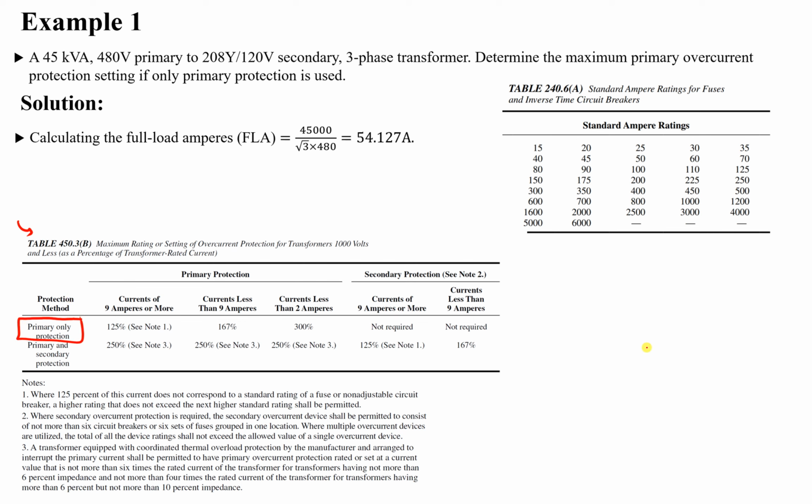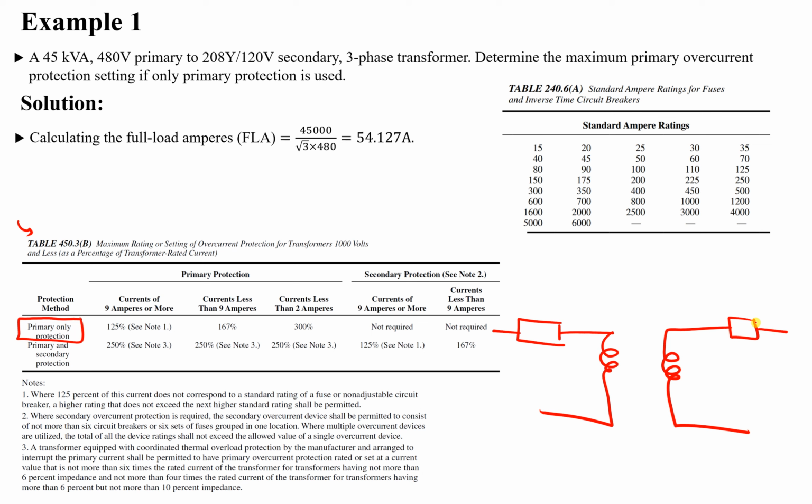We have the transformer with a primary and a secondary, either single phase or three phase, and the same rules apply. Let's say we have a single phase transformer. The primary we can protect only by using a fuse or a circuit breaker on the primary, or we can add overcurrent protection on the primary and secondary.